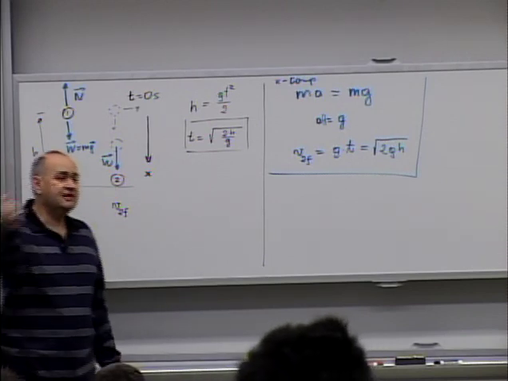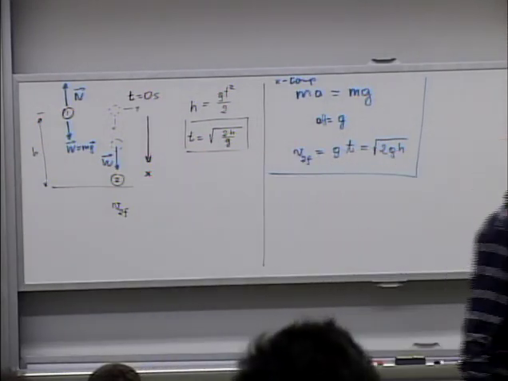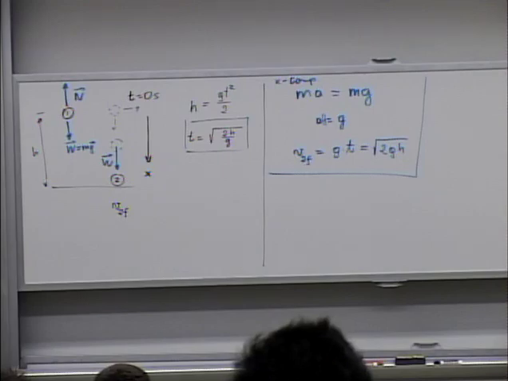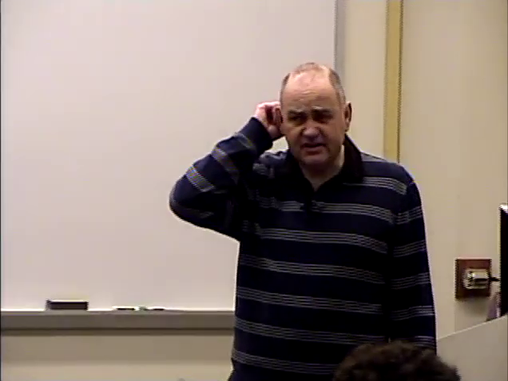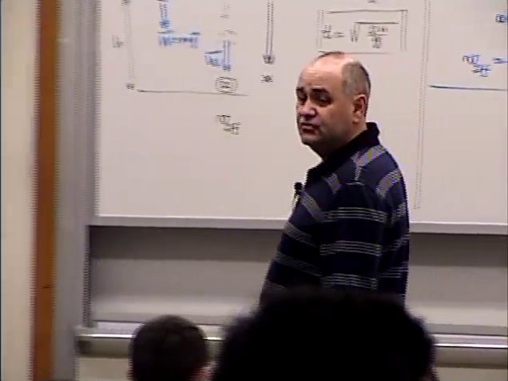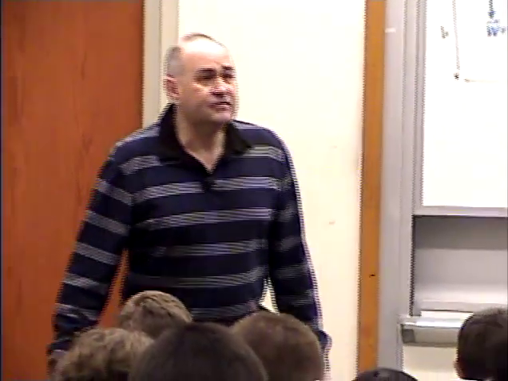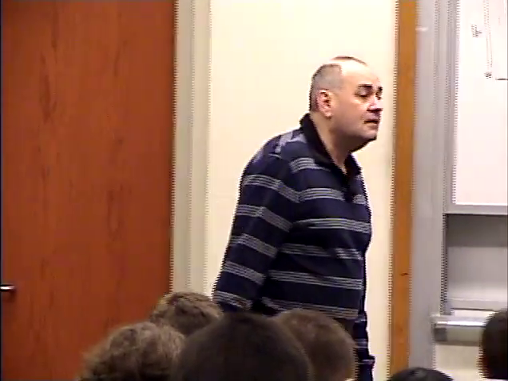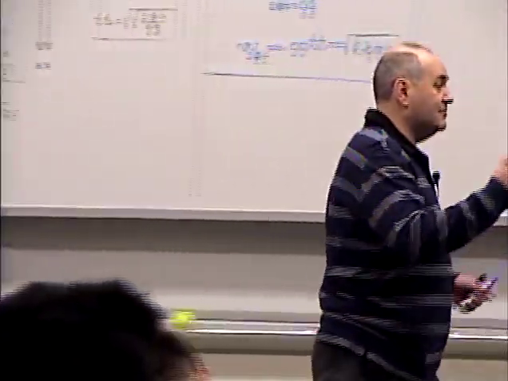All right, what was the second version of Newton's second law? Refresh my memory about the second version of Newton's second law. This was a solution based on the first version of Newton's second law. And the second version, somebody maybe can help me.